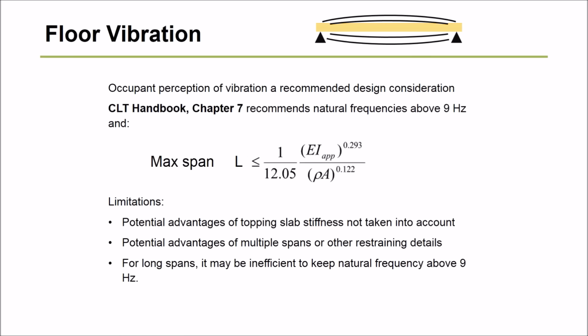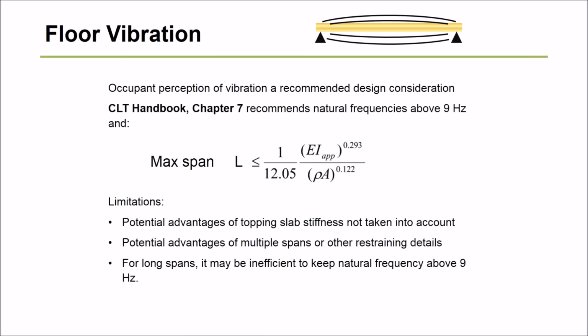It also doesn't take advantage of multiple spans. So if we have that 45-foot panel over 15-foot spans of beams, we haven't taken advantage of the stiffening effects of the multi-spans. And another disadvantage is that if you're looking for long spans, this is a fairly inefficient way to keep the natural frequency above 9 hertz, which was also recommended by the CLT handbook.